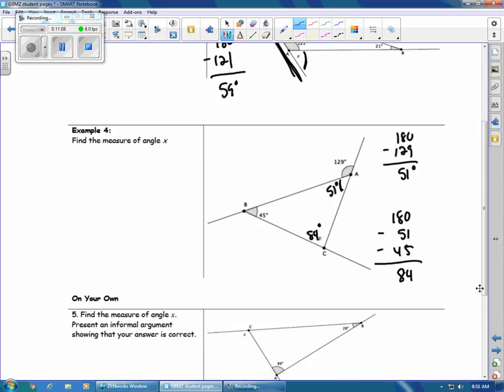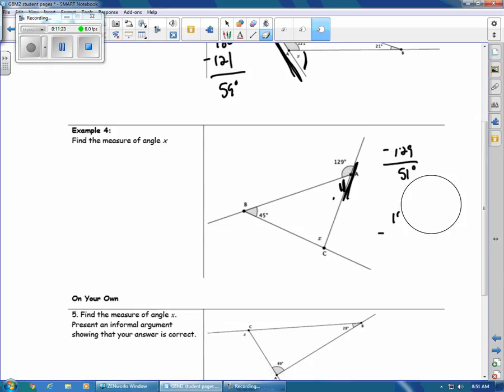That's one way I could do it because I know those interior angles, 45 plus 84 plus 51 is going to equal 180. And I have a straight angle here, so I know that's 180, and I know this part is 129. So if I take that away, it gives me this part. That's a fine way of attacking this problem. However, there is an easier way.